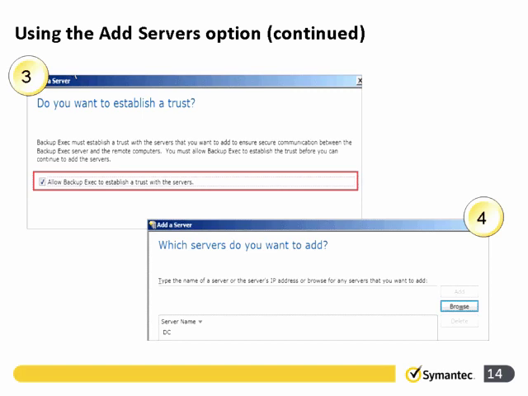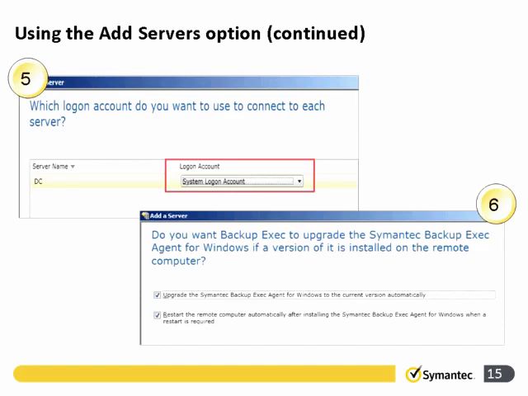Once you allow the trust, you can click Next, and it will show you a list of servers to which the agent can be pushed. You can browse your domain to add servers here. And then choose what logon account is going to be used to connect to those servers. This logon account should, at a minimum, be a member of the local administrators group to do this installation.